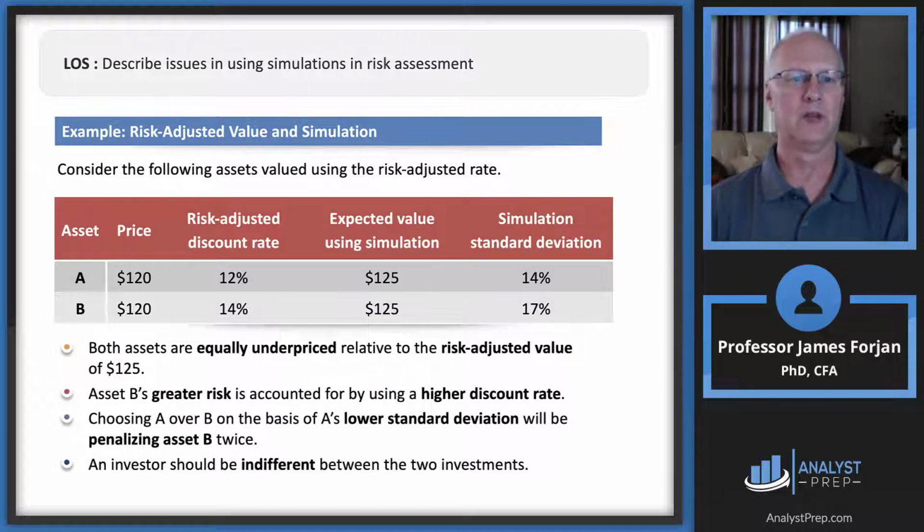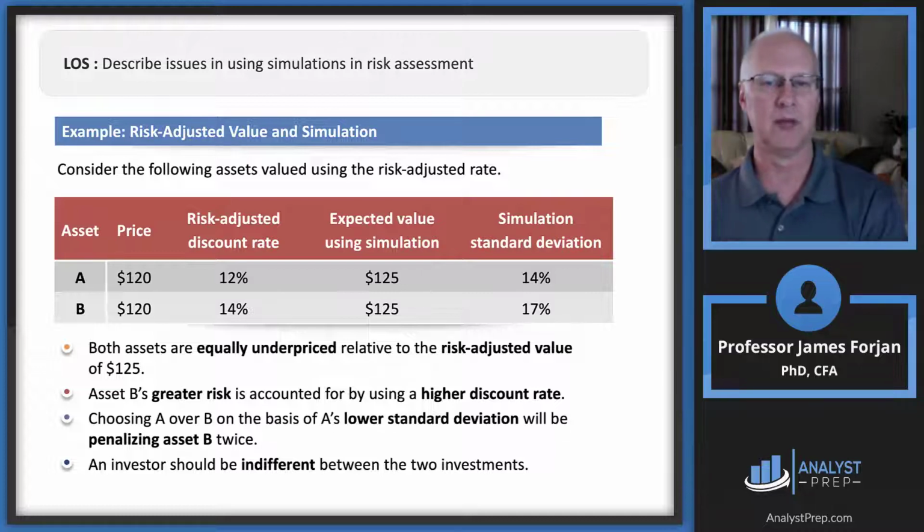And here's a quick example here. Let's suppose we're choosing between asset A and B. Look at the fourth column, expected value using simulation. So 125. So what are we saying here? That if the simulation for A and the simulation for B comes up with the identical estimated value, then we're probably indifferent between those two, choice A and choice B. Notice the prices are both 120, so that makes a little bit of sense.